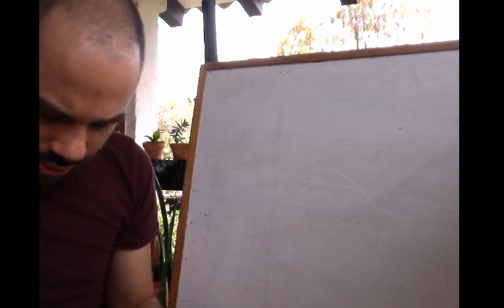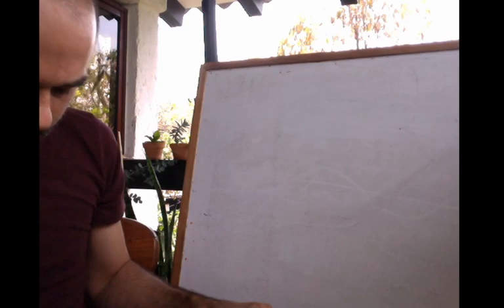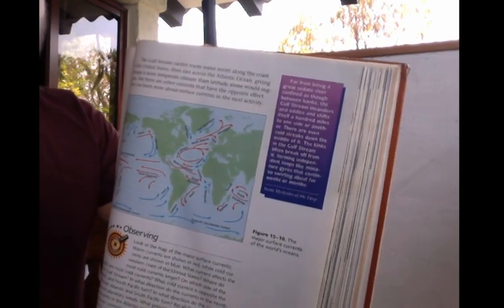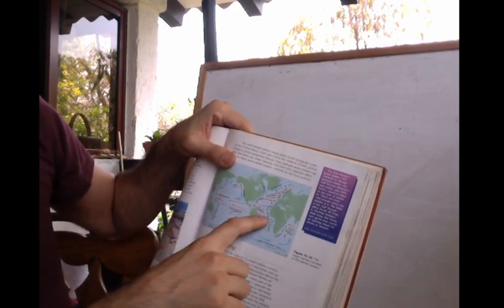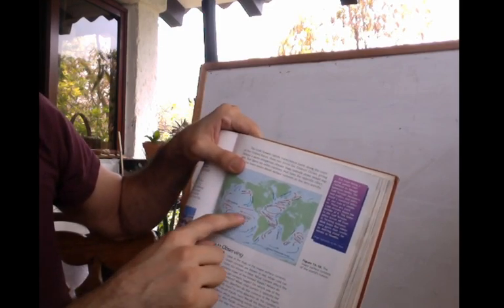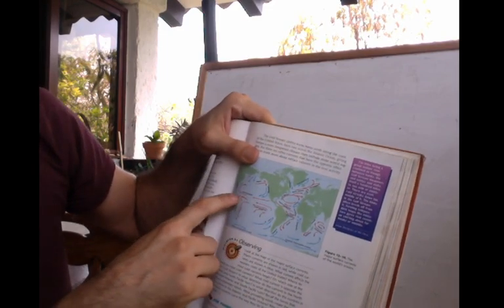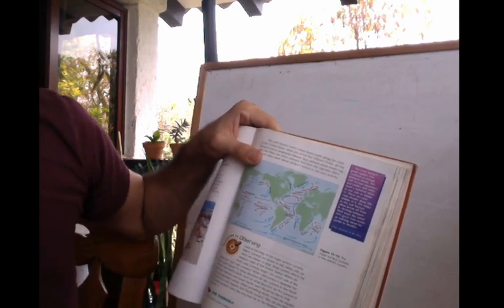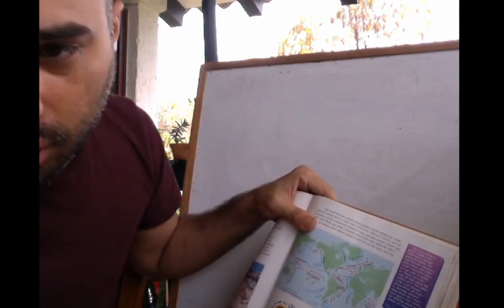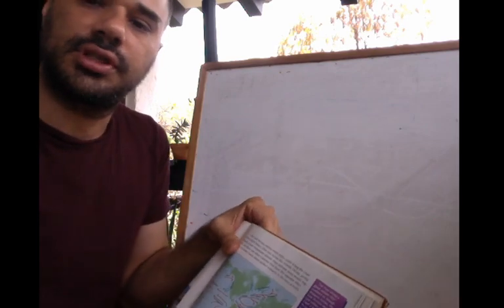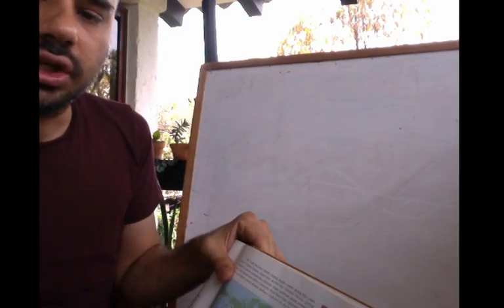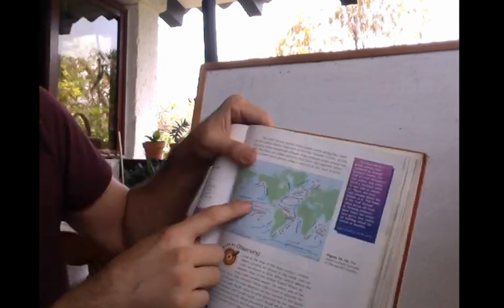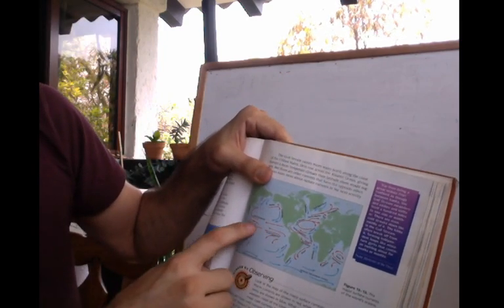And check it out. If you're looking at page 461, you will see that along the equator we have warm water currents, and they are moving in this direction. Why? Because of the Coriolis force. Remember, the Coriolis force is the force of the Earth's rotation. So they are moving in this direction because of the Coriolis force along the equator.